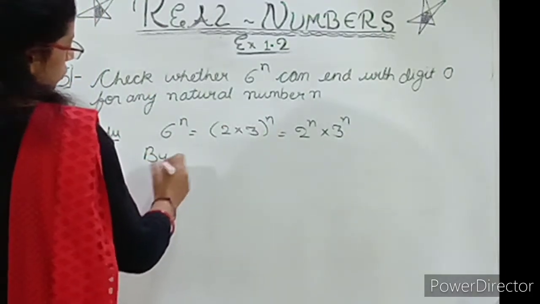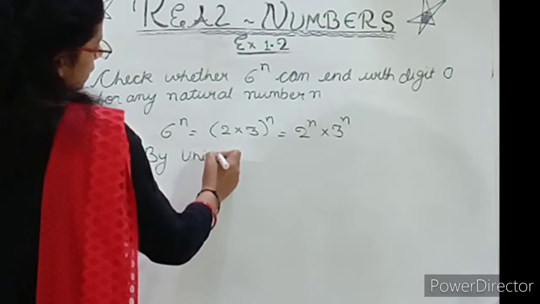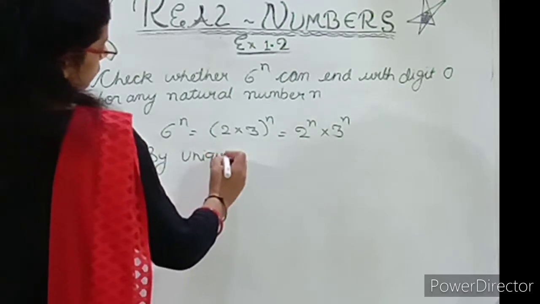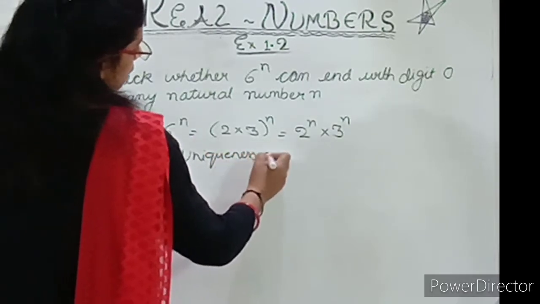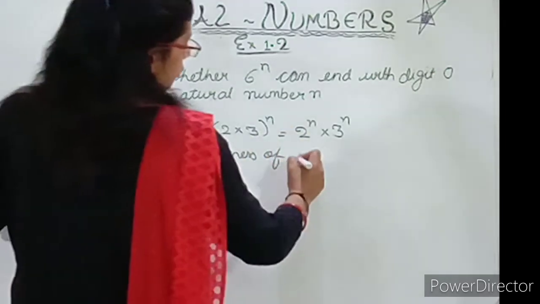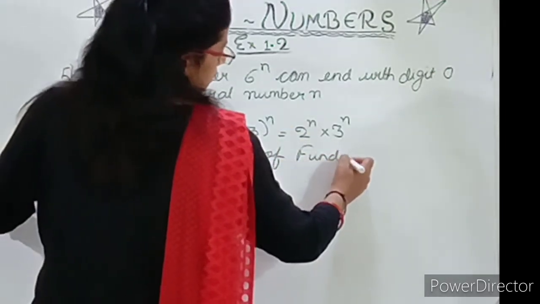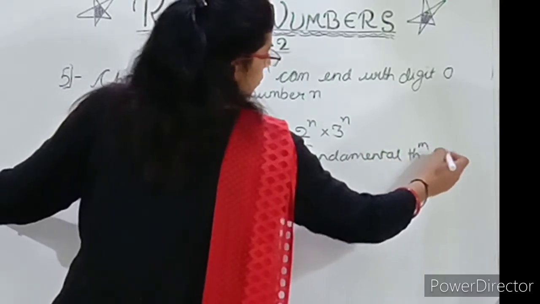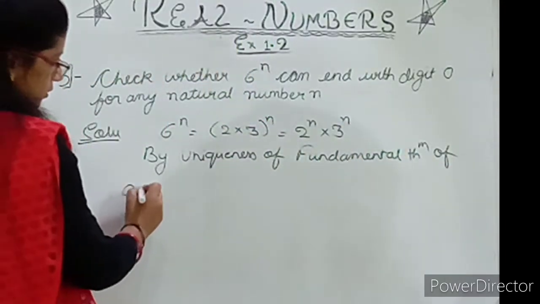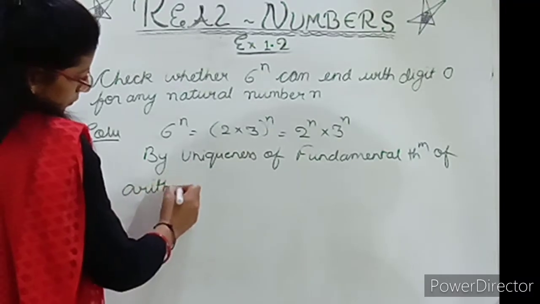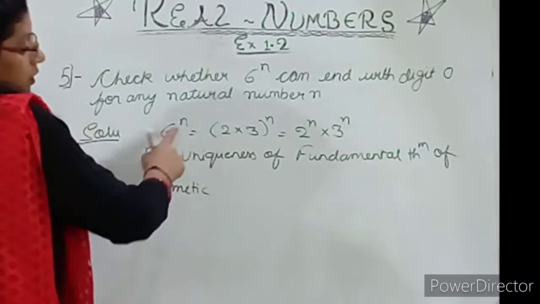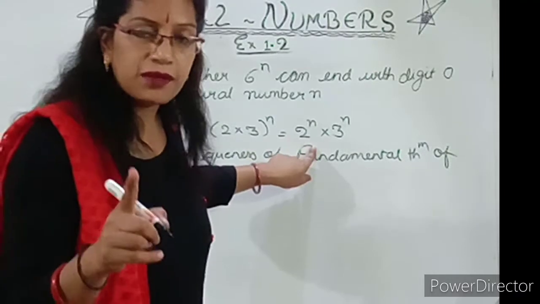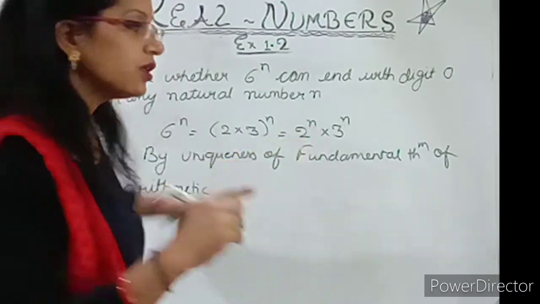By the uniqueness of the fundamental theorem of arithmetic, I told you in the class, it has fixed prime numbers. The prime factorizations are unique.